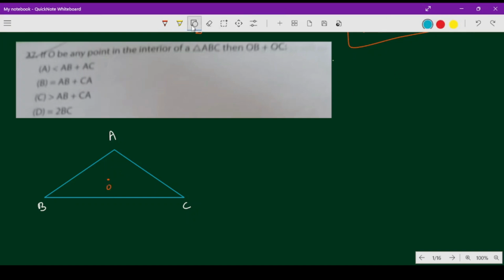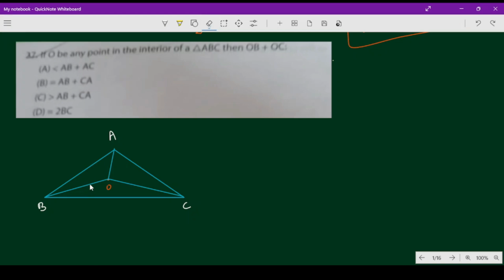And now join OA, OB, and OC. Now we need to find that OB plus OC. So here is OB and this is OC.